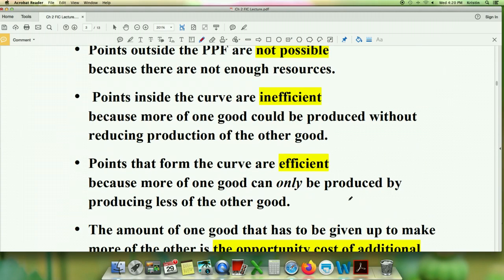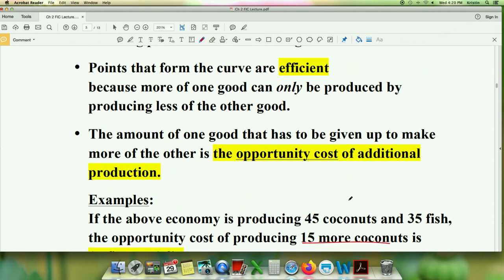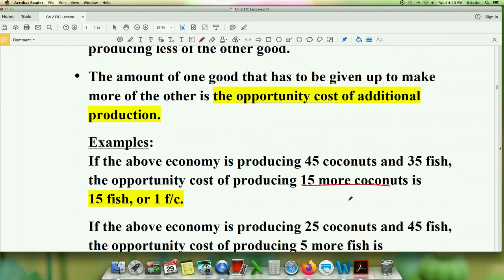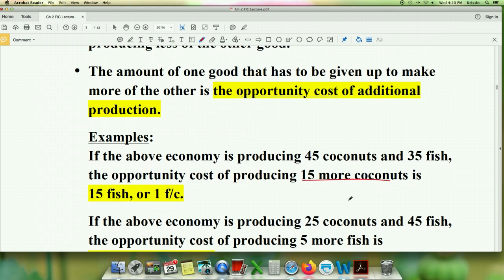And you can simplify that. 15 for 15, that would be 1 for 1. So 1 fish per coconut.